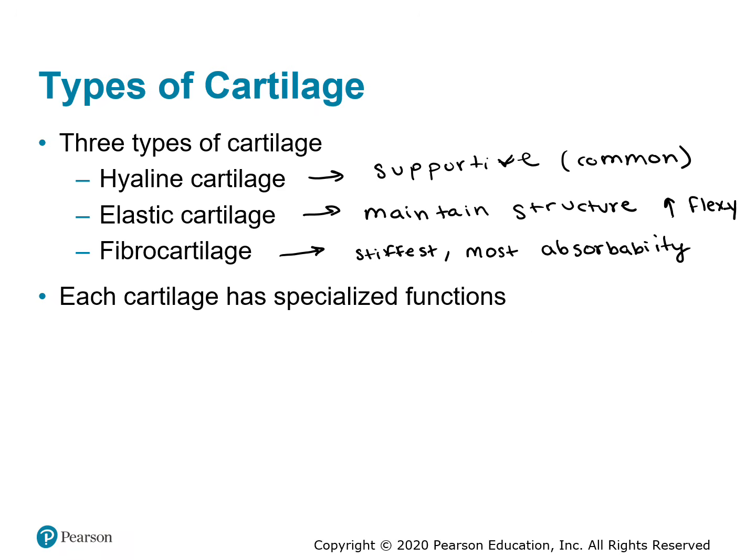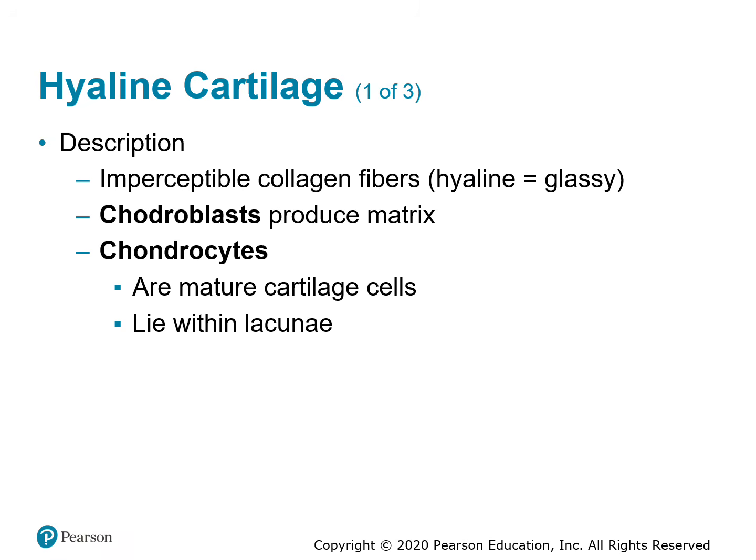And then each of these cartilages will have specialized functions because of their structure. Okay? Hyaline cartilages, you will see these collagen fibers. Not really. They are basically imperceptible. They're really, really hard to see. They're very glassy looking. Okay? The chondroblasts will make that matrix.